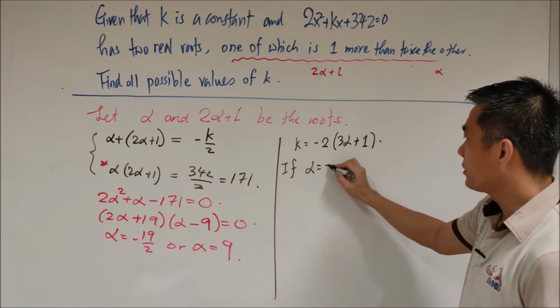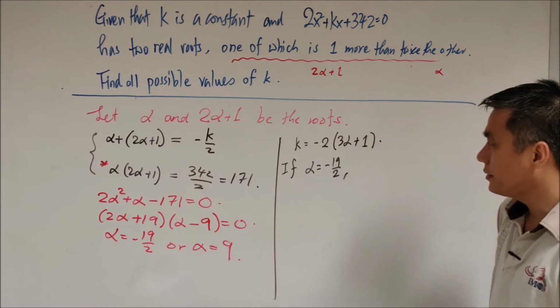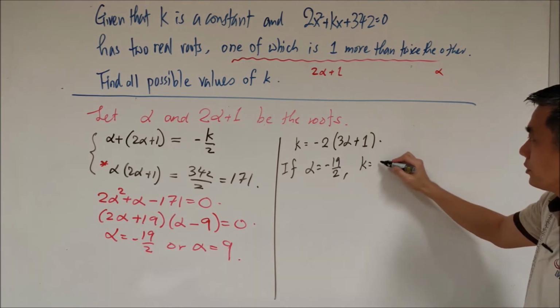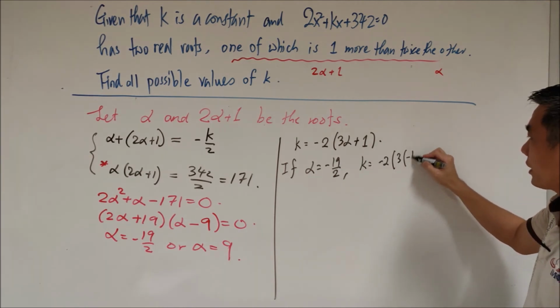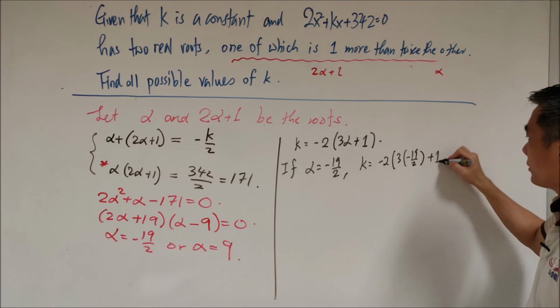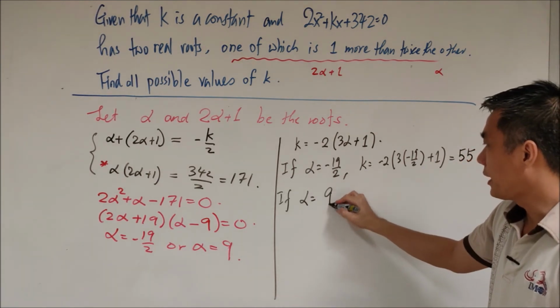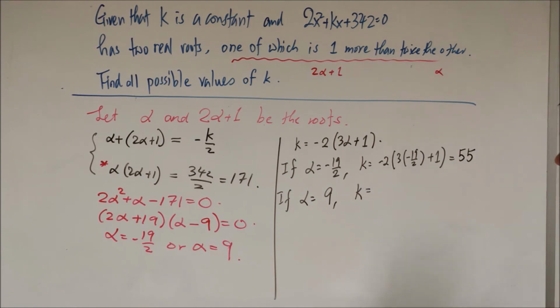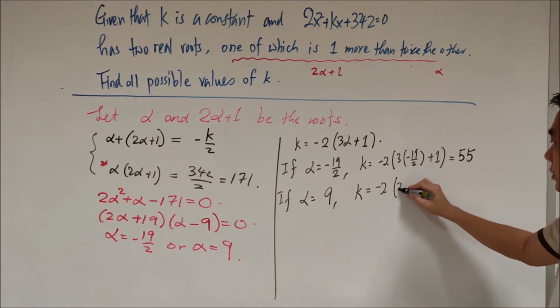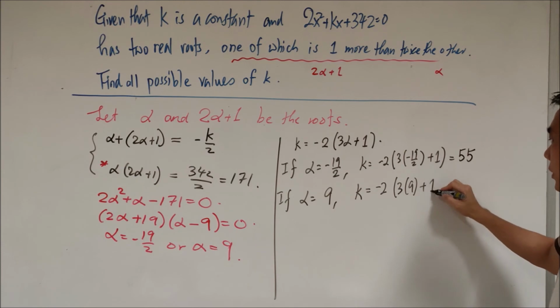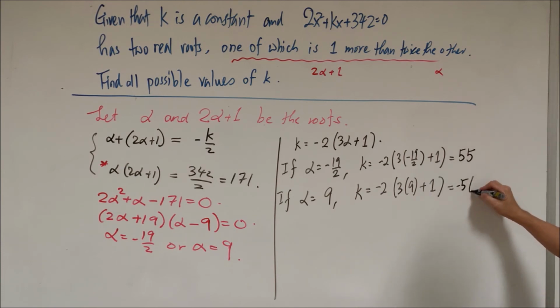If alpha equals negative 19 over 2, k will equal negative 2 times (3 times negative 19 over 2 plus 1), which is 55. If alpha equals 9, k equals negative 2 times (3 alpha plus 1), which is negative 56.